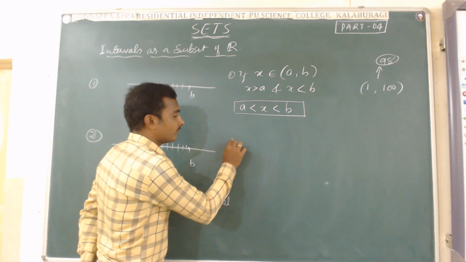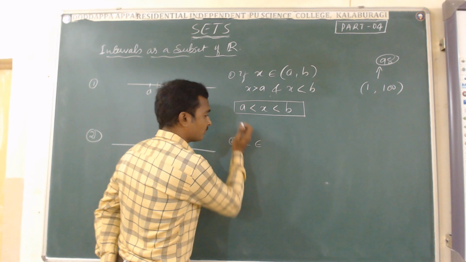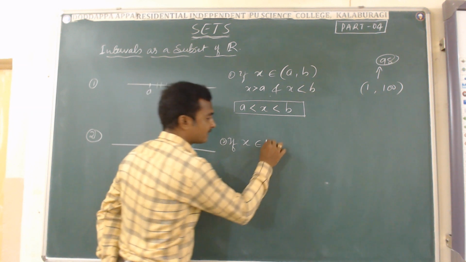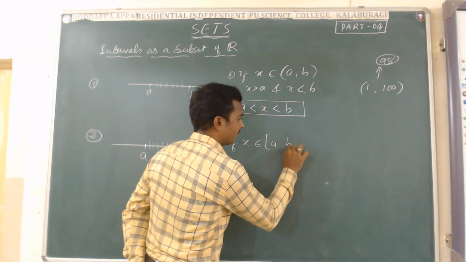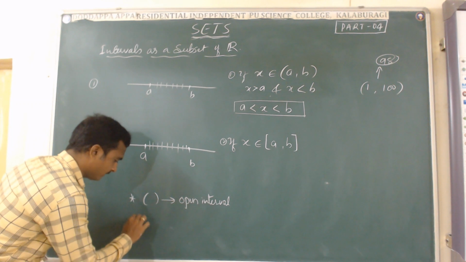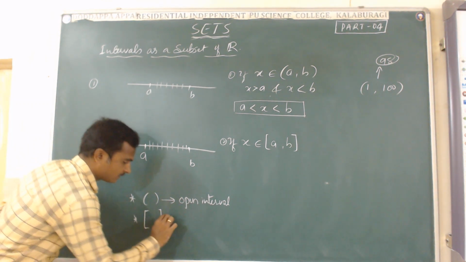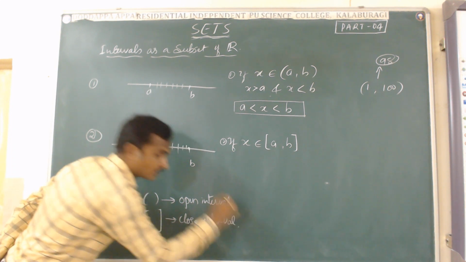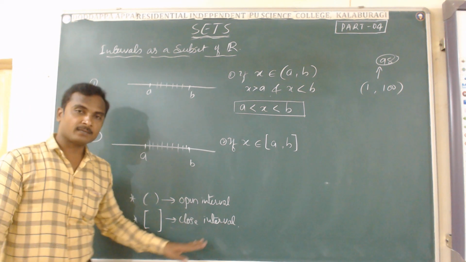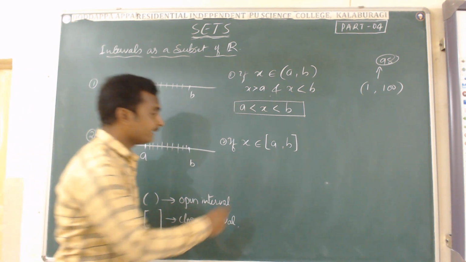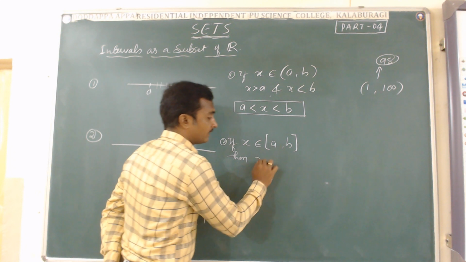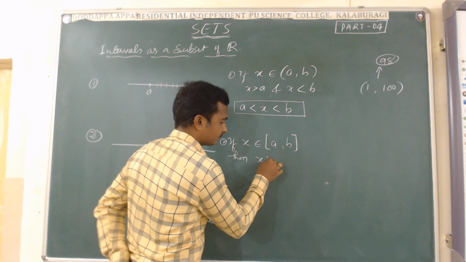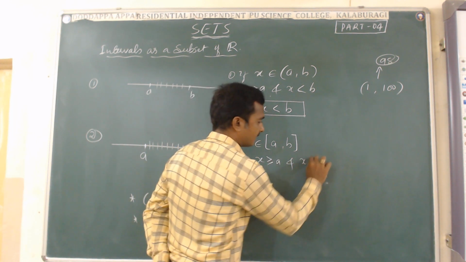If I say x belongs to the closed interval (a, b), this one is called a closed interval. So the closed interval a, b indicates that x is more than or equal to a, and x is less than or equal to b.